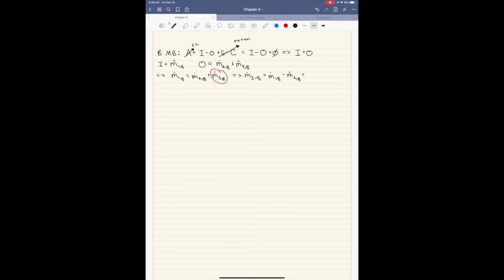So this is 500 kilograms per hour minus 450 kilograms per hour. And so that tells us that M3B is equal to 50 kilograms per hour. Right?